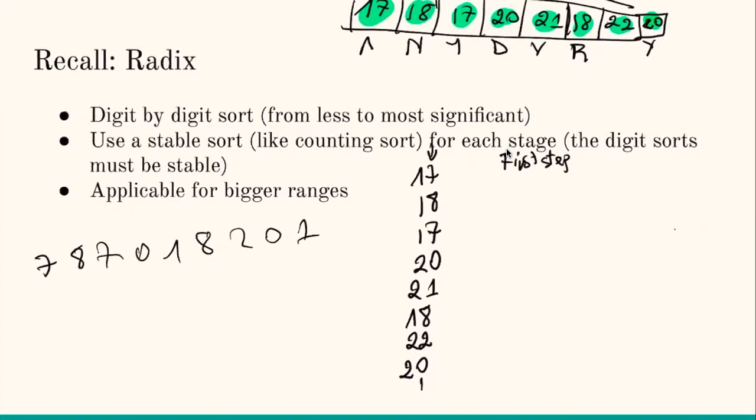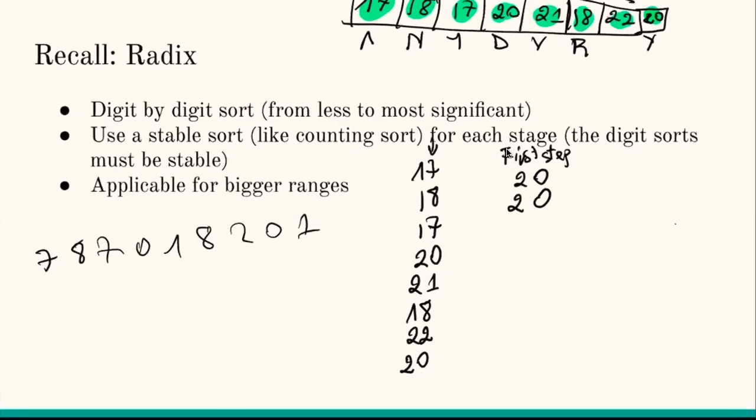So we just consider this digit and apply counting sort there. What will this output? It will output 20 because there's 0 there, then the second 20. And next, what do we have? 21. In Radix Sort we sort digit by digit.